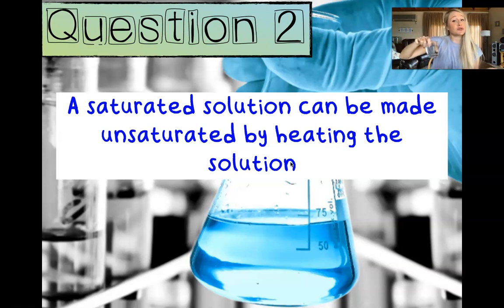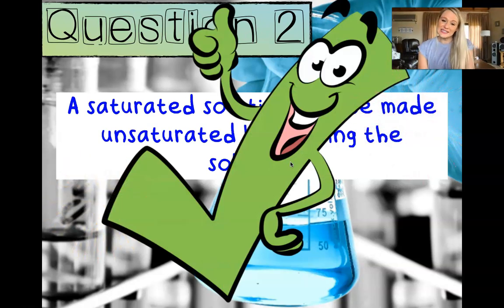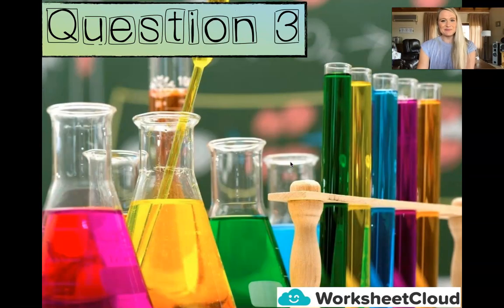Do you think that is true, or do you think that is false? What do you think? It is true. Yes, it is 100% true. Your solution, a saturated solution, can be made unsaturated if you apply heat. And we will look in more detail with that in our next lesson on Monday.